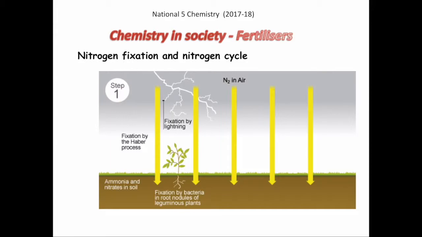Another natural process that helps in fixing nitrogen of the air is lightning. And a synthetic method of fixing nitrogen of the air is the Haber process, which helps in the manufacture of ammonia, and this ammonia, when dissolved in water and reacted with various acids, forms the nitrates that can be taken up by the plants.